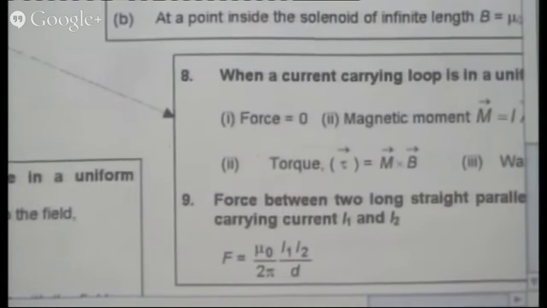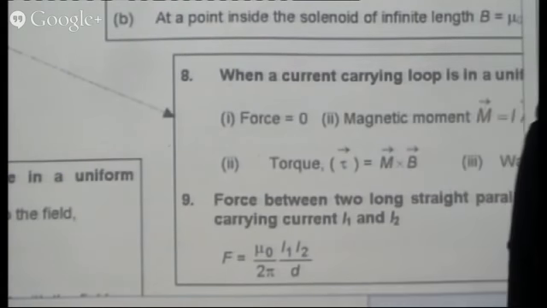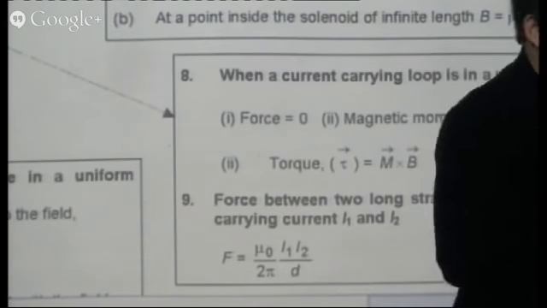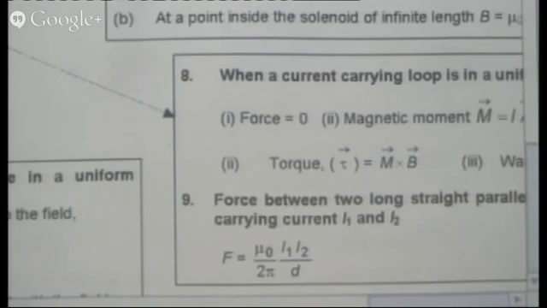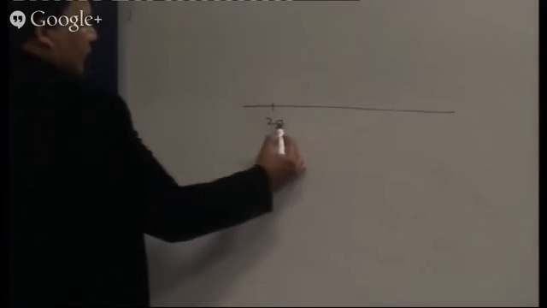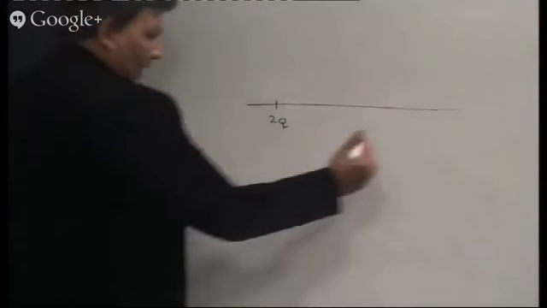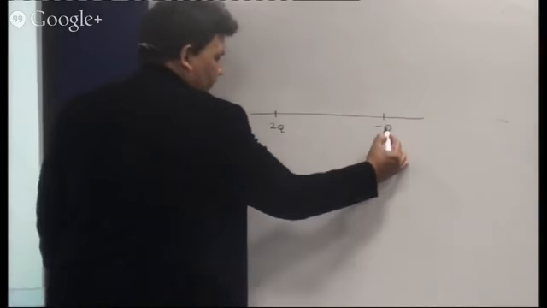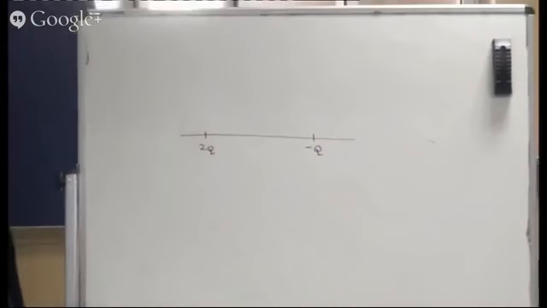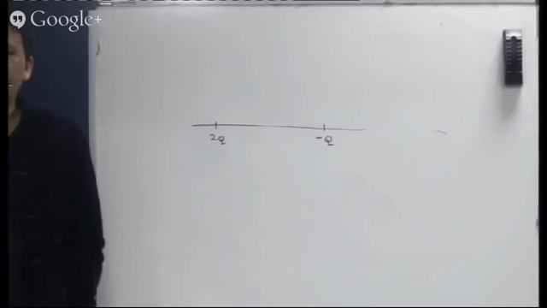Before I go to the next question, in electrostatics, you can put the slides. If I were to ask you, there's a charge plus 2q and there's a charge minus 2q. Plot the electric field versus distance graph.